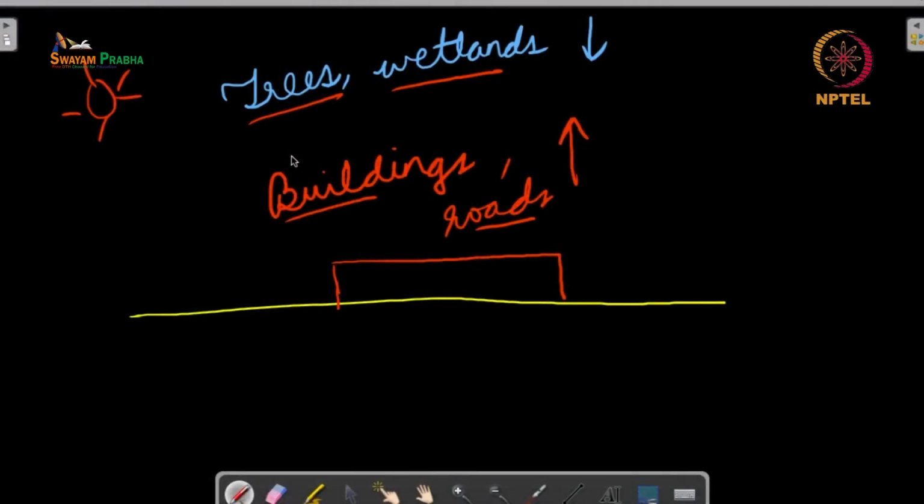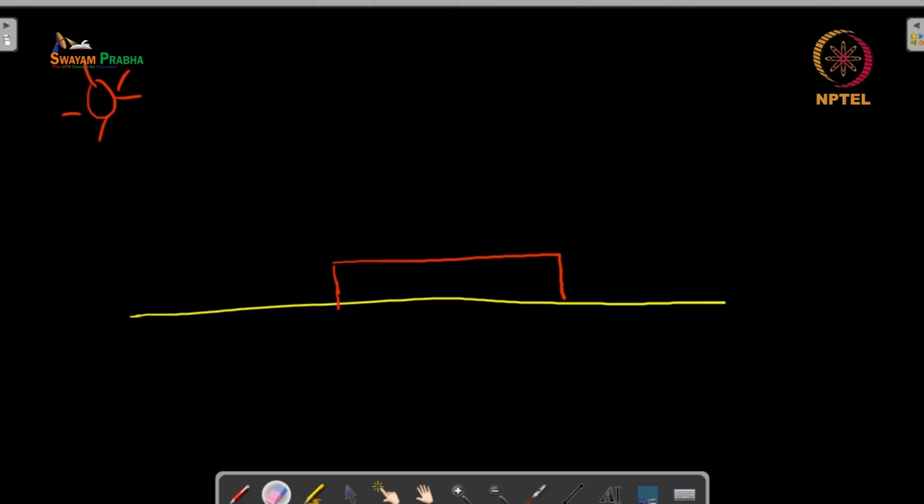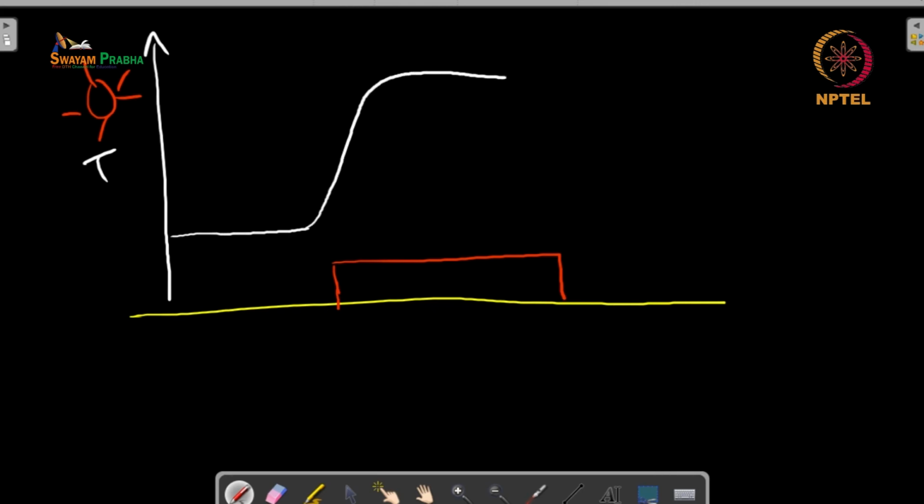So essentially, if we make a temperature profile of these areas, it will look like this. Here we are plotting the temperature, and the temperature in the surroundings will be average, but then the temperature here will rise, then it will fall again here.